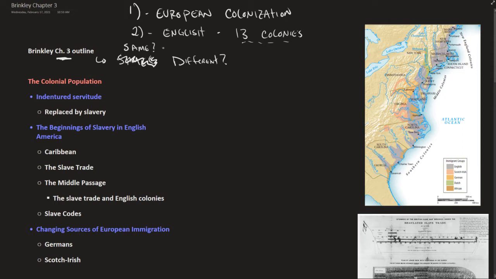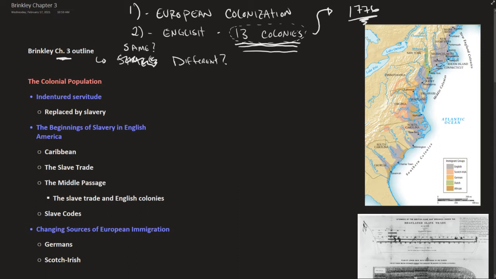We're focusing mostly on just the 13 English colonies collectively as a group, whereas last chapter, we were looking at the colonies specifically, individually, right? Pennsylvania, Carolina, New York, Virginia, et cetera. So we're going to remark about just generally what the trends were in the 13 colonies leading all the way up essentially to 1776.